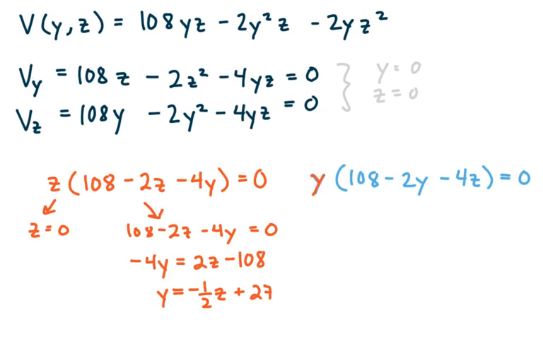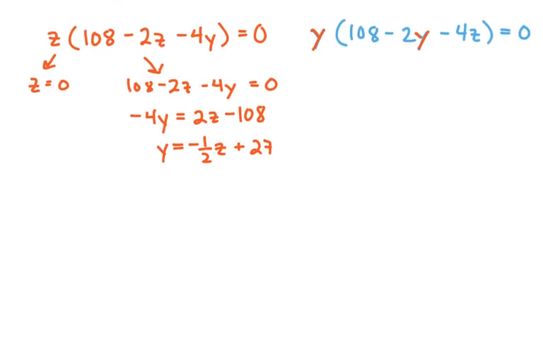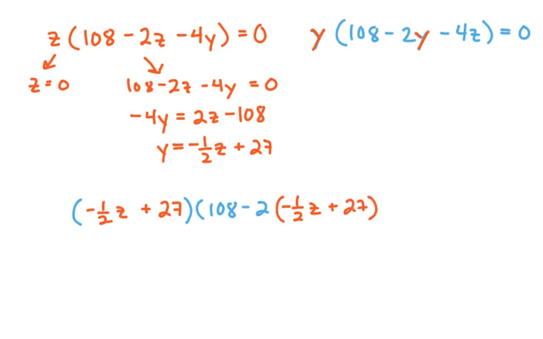These two y values, I can now substitute this equation of z in for those two y values, and that's going to give me my first y, negative 1/2 z plus 27, times 108 minus 2 times negative 1/2 z plus 27, minus 4z equals 0.